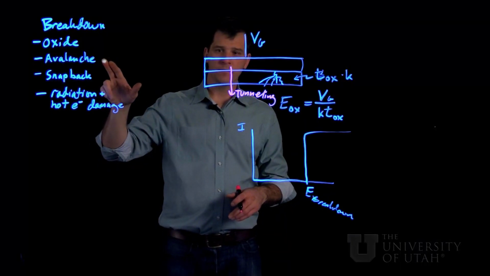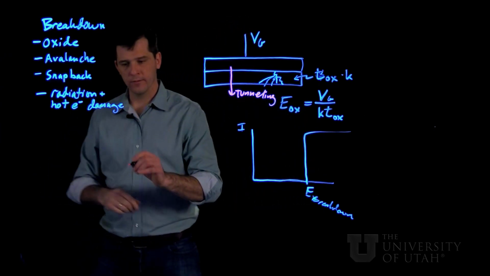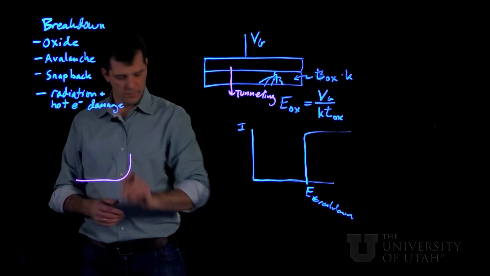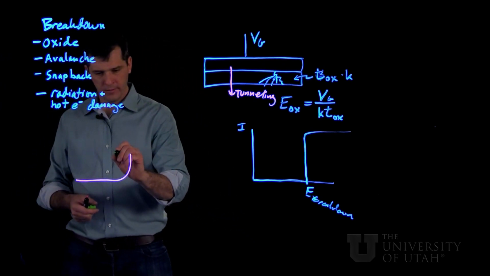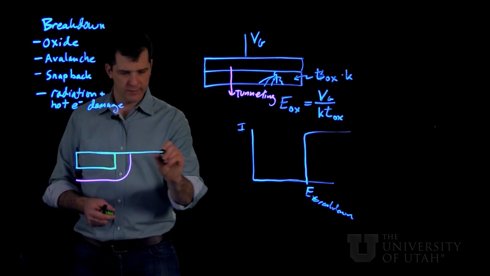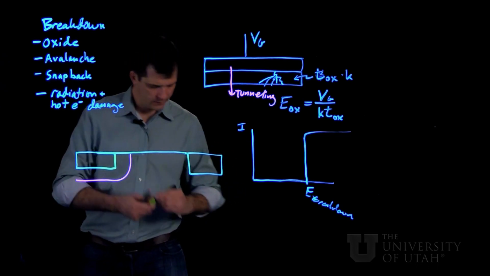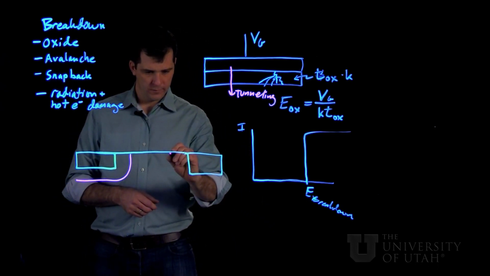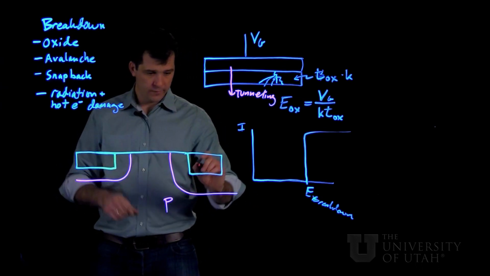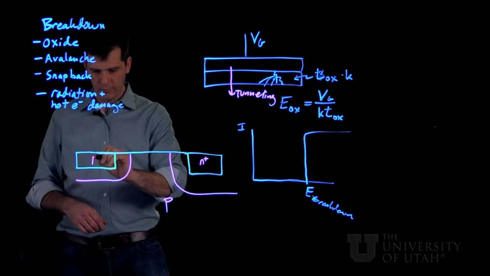Another effect that can happen, this time not in the oxide, but if we consider the depleted semiconductor to be a dielectric, we can also get the avalanche breakdown and carrier multiplication effect that we talked about in terms of the breakdown of normal p-n junctions. So remember that the MOSFET is really just two p-n junctions put together.